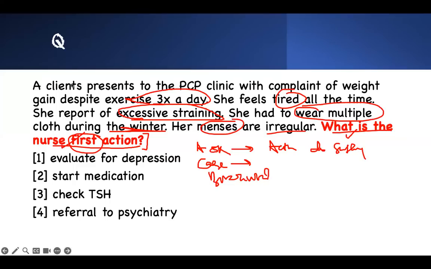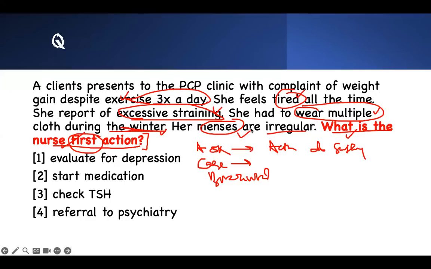I have a client who has gained weight, is tired all the time, and is straining, that is constipation. They don't tell you, but they put in the words. Wearing multiple clothing during the winter, cold intolerance, amenorrhea, menses are irregular.